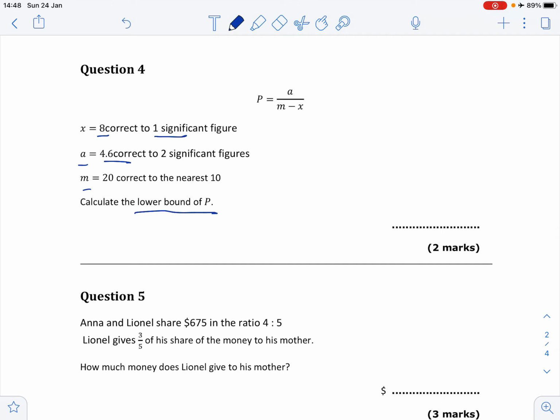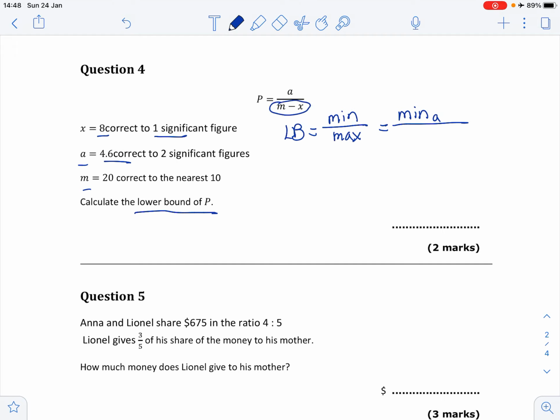So remember to find the lower bound. Because this is a division, to find the smallest number, we need to use the minimum value divided by a maximum value. So on the top, all we need to find is the minimum value for a divided by a maximum value.